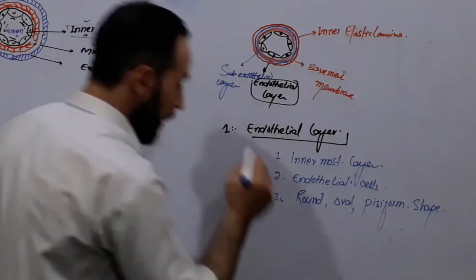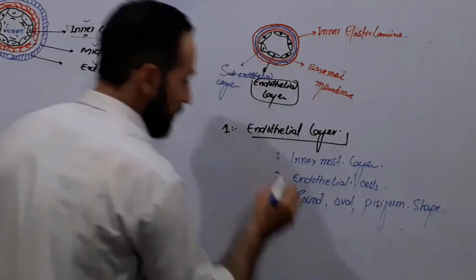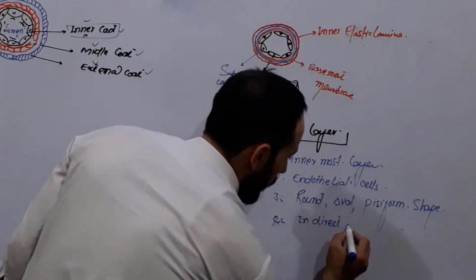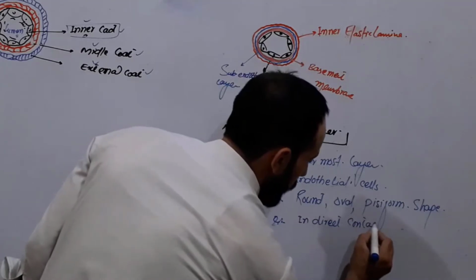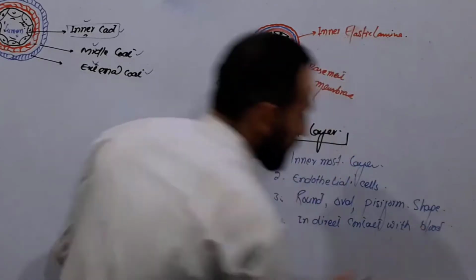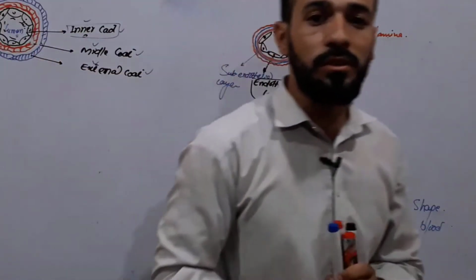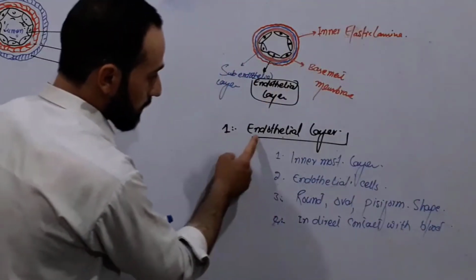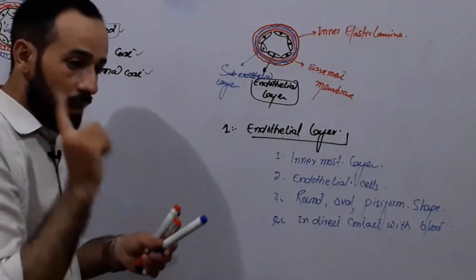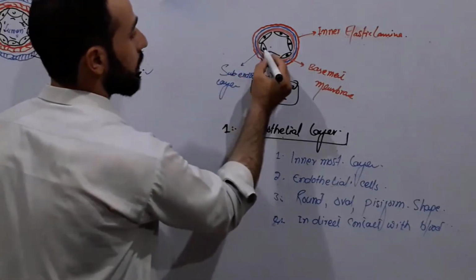These endothelial cells are, and this is an important point, in direct contact with blood. Clear? And these are the cells which are responsible for absorption of nutrients, right? This endothelial layer is responsible to absorb substances, and they are also responsible to secrete different substances to the lumen.